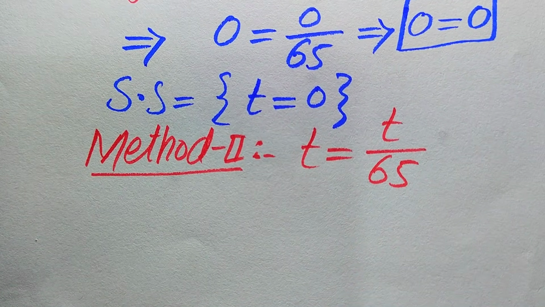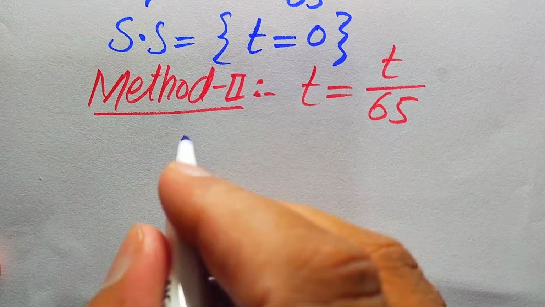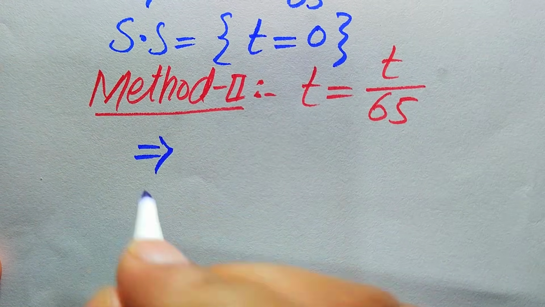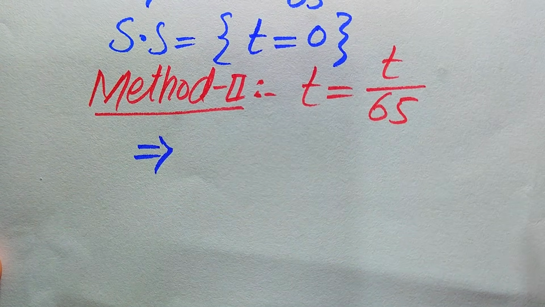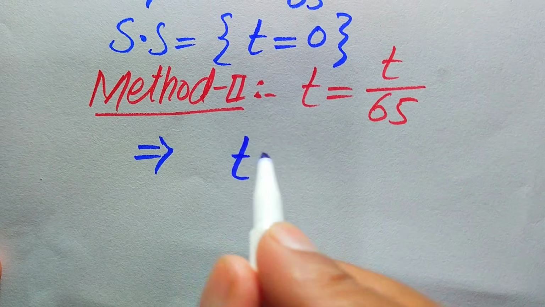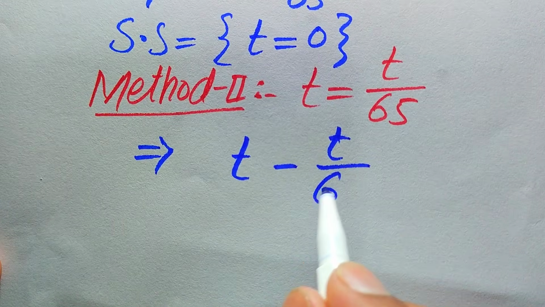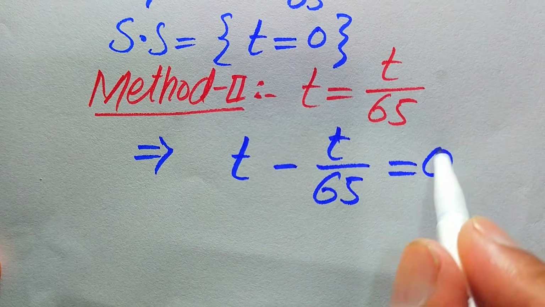Here we use another technique to find the roots of this equation. We use the LCM technique to solve this problem, and for this we move the term t over 65 to the left hand side and we get t minus t divided by 65 is equal to 0.